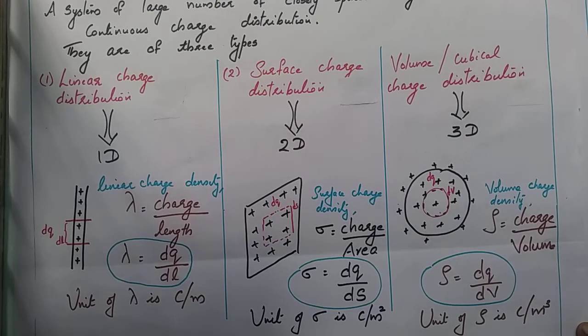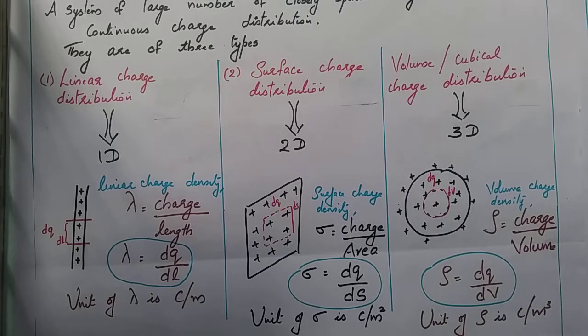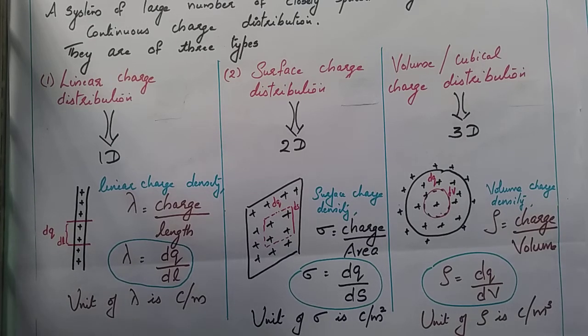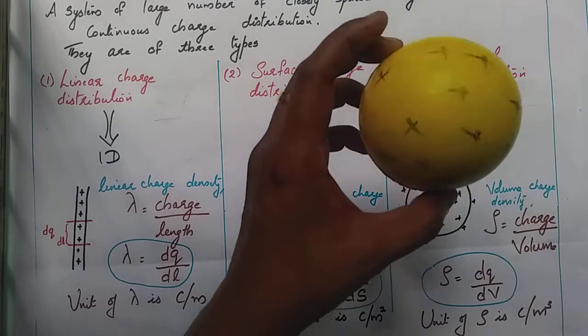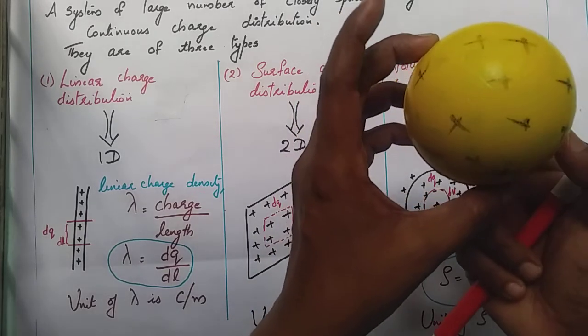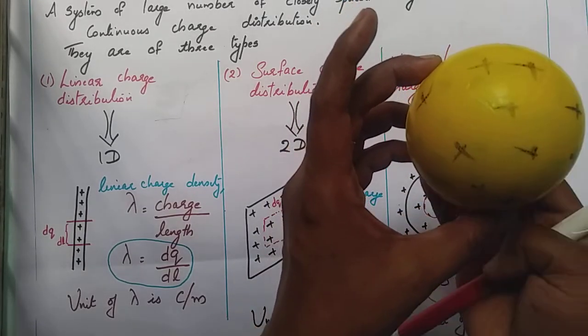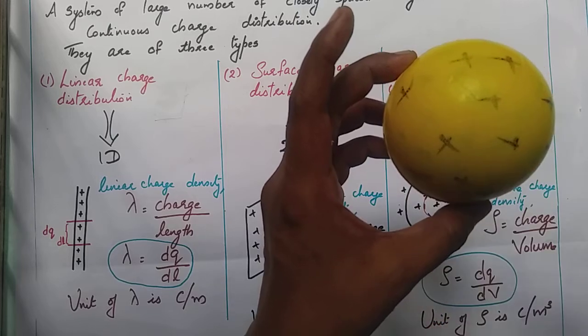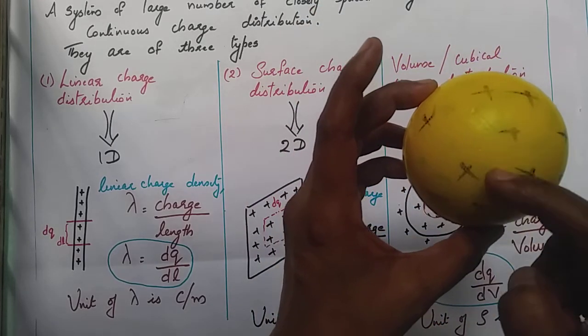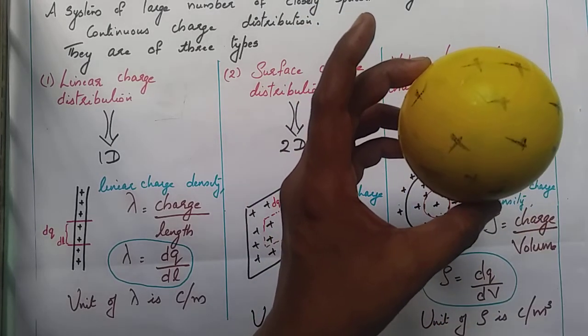Third one is volume or cubical charge distribution. It is three dimensional, and here now we can define what is volume charge density. If charges are uniformly distributed on the surface of the volume, for example this is a sphere, and if the charges are distributed on the surface of the sphere, we can consider a small volume dV where dq charges are there.